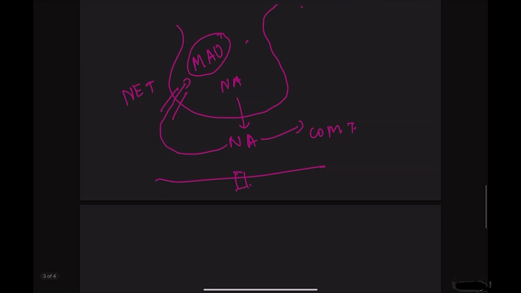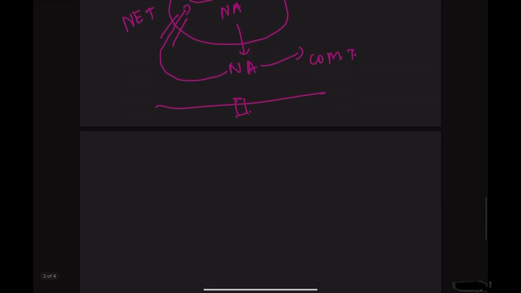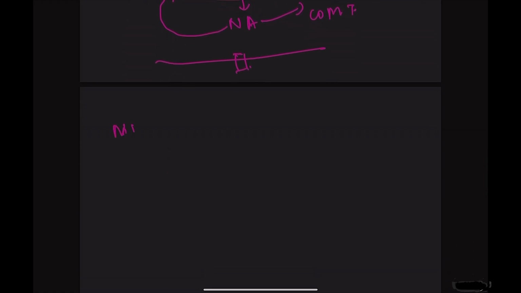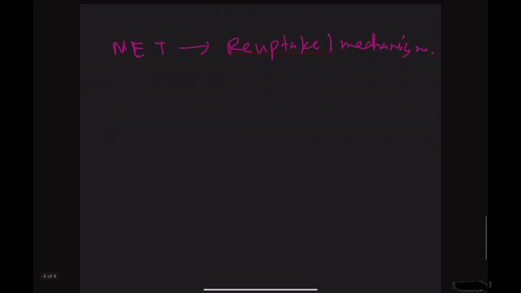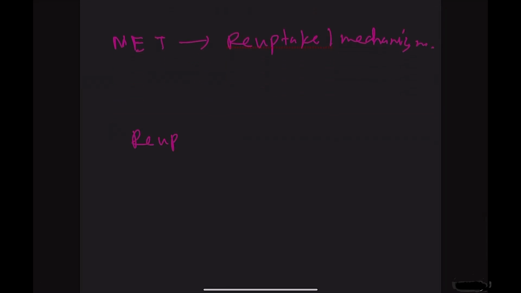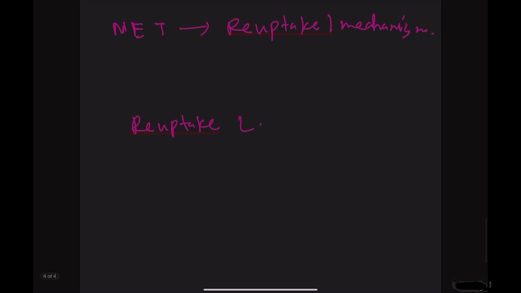Okay, here I am going to talk about the norepinephrine transporter. So this norepinephrine transporter is also called reuptake 1 mechanism. Okay, and there is also something called reuptake 2. So these two, reuptake 1 and reuptake 2, both reuptake norepinephrine, but there is a difference in site.